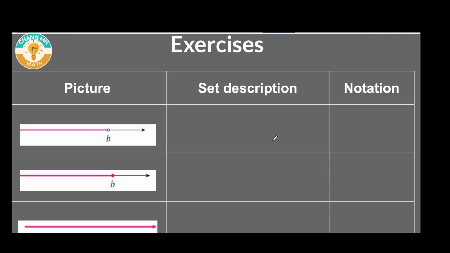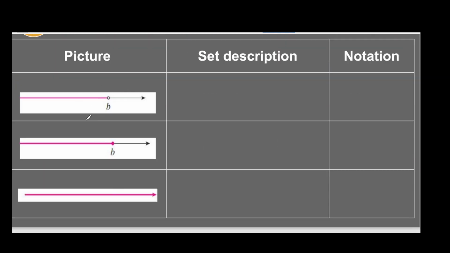And the last three. This is also the value of x lying between all the numbers less than b and not including b. So here is x. How can we write the set description? The set of x such that x is less than b.